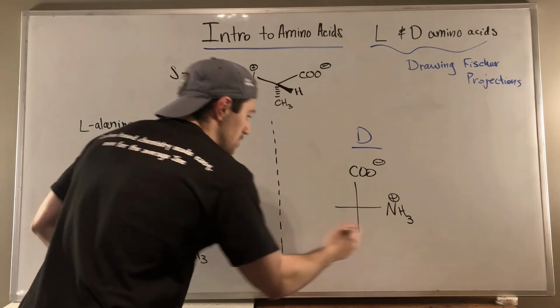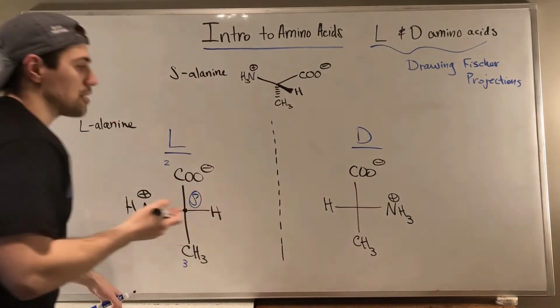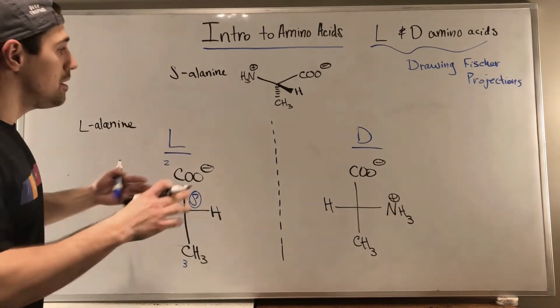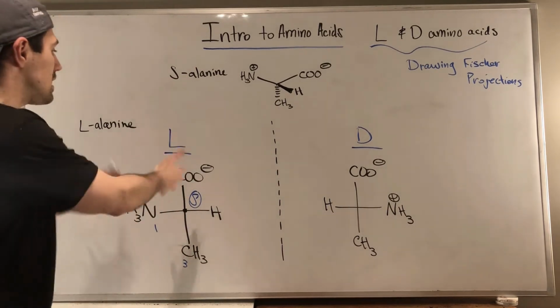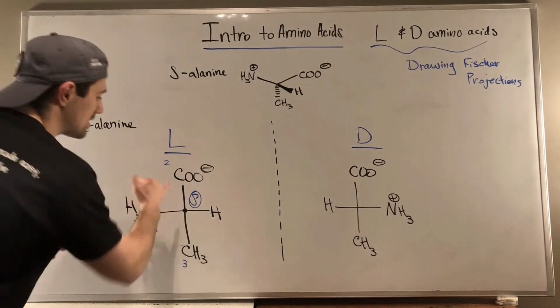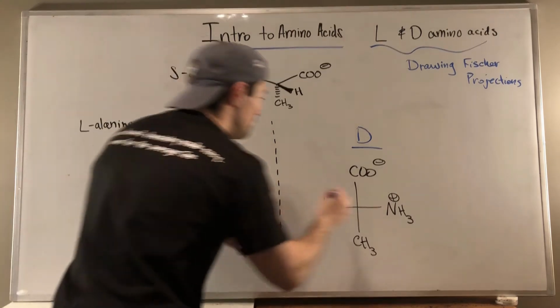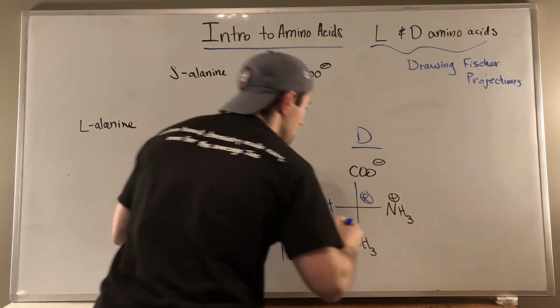Okay? So then your R group always goes on bottom, and obviously your hydrogen goes opposite the amine. So we already assigned the stereochemistry with L, so since we're just doing a single switch here, this D amino acid at C2 is R.